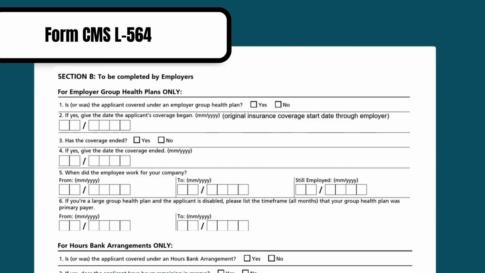It doesn't hurt to help your HR along a bit and write in the space here, original insurance coverage start date through employer. That way they know they're not just talking about the current year, but they're talking about when you originally had coverage through this employer.